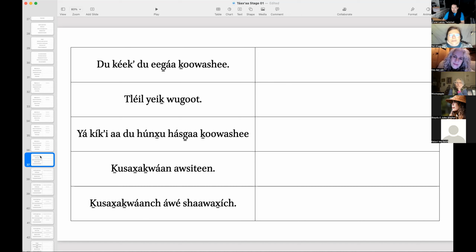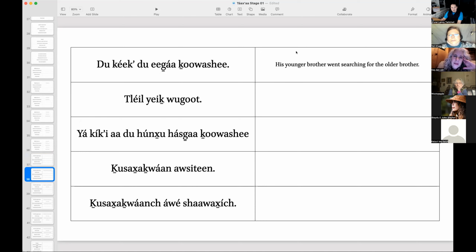Dukik du iqaquwashi. His younger brother, he found his younger brother, or he will find his younger brother. Okay, so that's a good prediction. But the iqa is looking for.